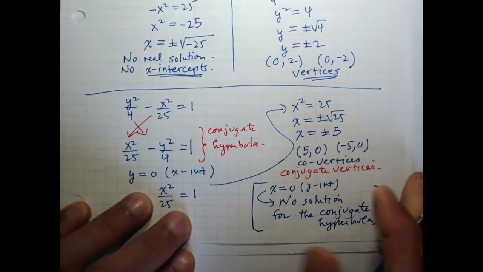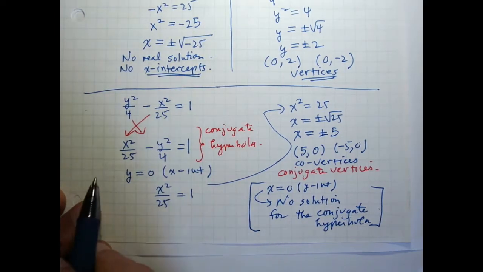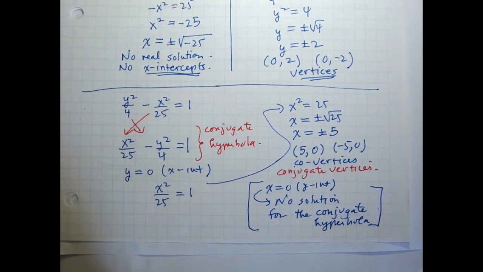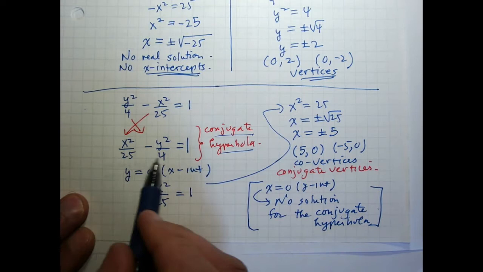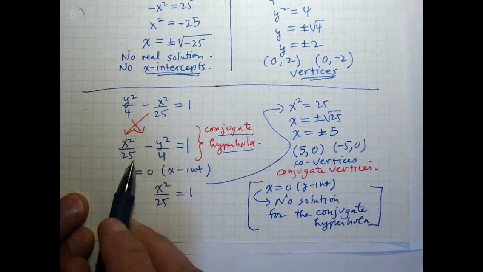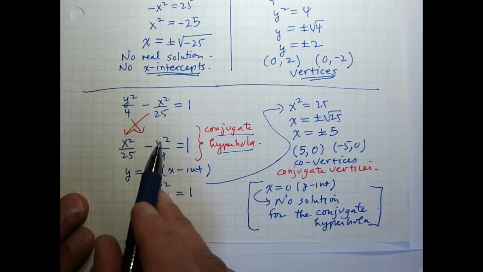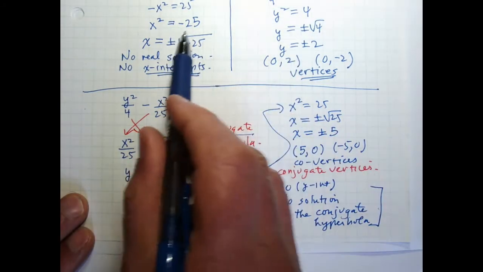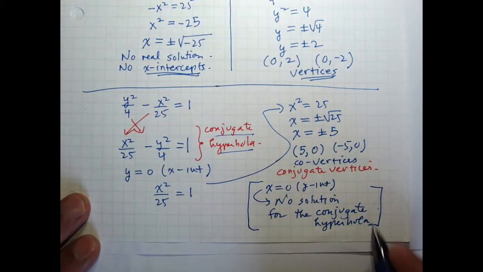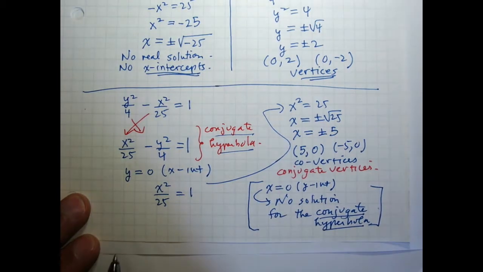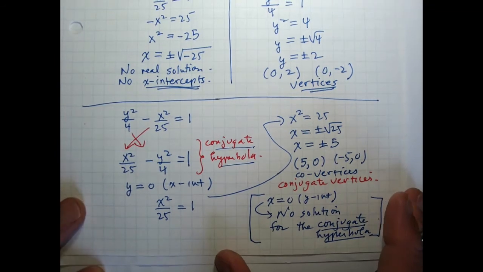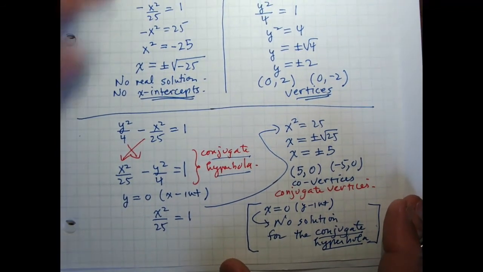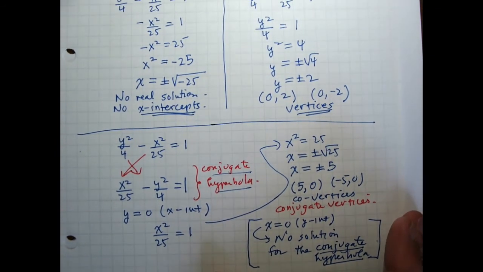If I try to set x equals 0 in the conjugate hyperbola equation here, then I'm going to have y squared equals a negative. So just the reverse of what we got in our original equation. That's for the conjugate hyperbola. So the conjugate hyperbola will have just two intercepts on the opposite axis that the original hyperbola has intercepts on.